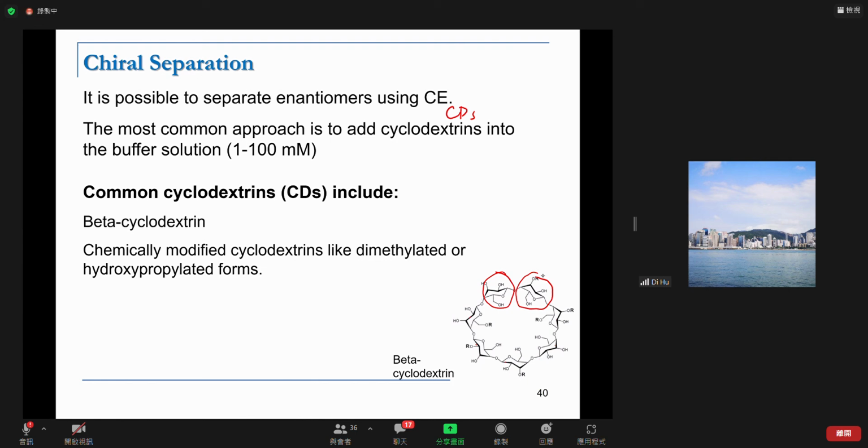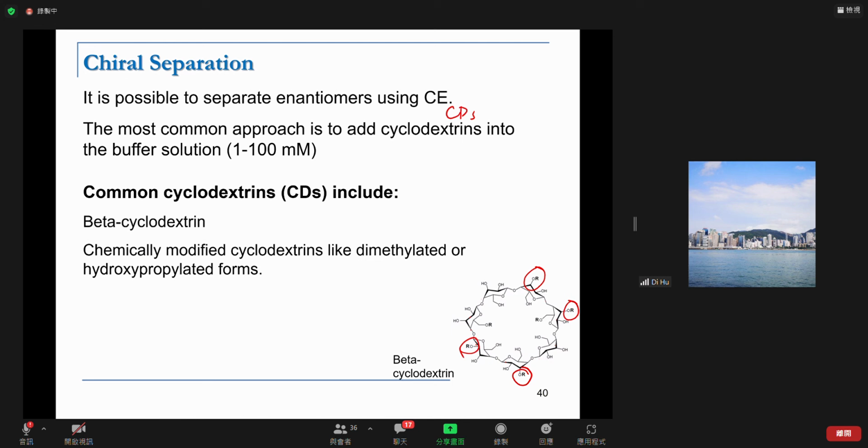You can even chemically modify this cyclodextrin. Outside, you see there are many OH groups. Some of the OH groups have been chemically modified, replacing the hydroxyl with an R group. It can be either dimethylated or hydroxypropylated, and then that would be the beta cyclodextrin.